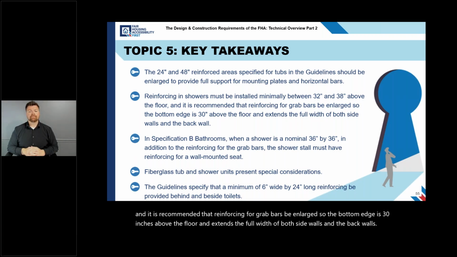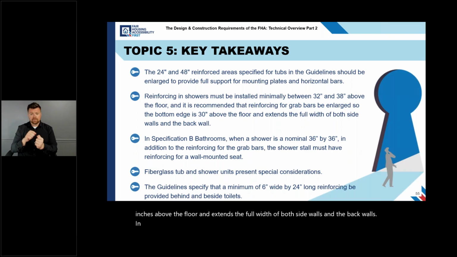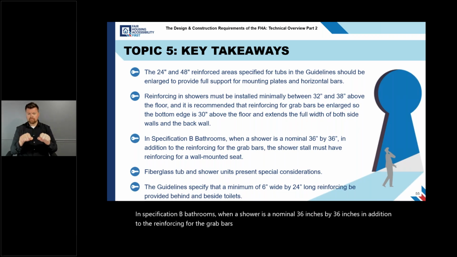In Specification B bathrooms, when a shower is a nominal 36 inches by 36 inches, in addition to the reinforcing for the grab bars, the shower stall must have reinforcing for a wall-mounted seat.